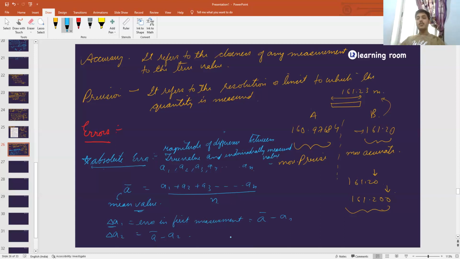That's what we are doing. The true value we assume to be the mean, and the individual measured value we subtract. We get these absolute errors. Delta A1, delta A2 are absolute errors, and so on. We can get delta AN, that is A bar minus AN value. Agree? Yes or no?